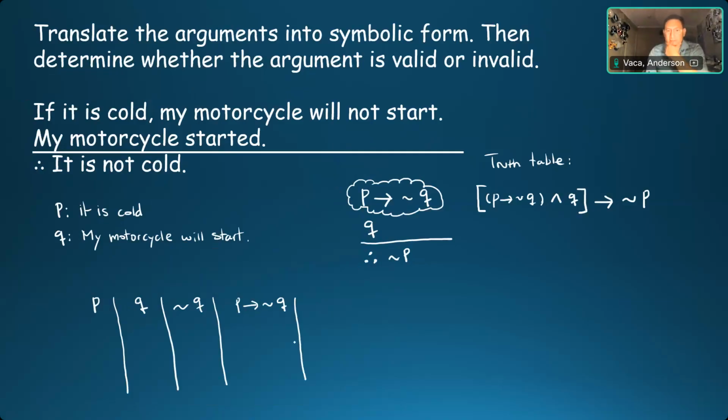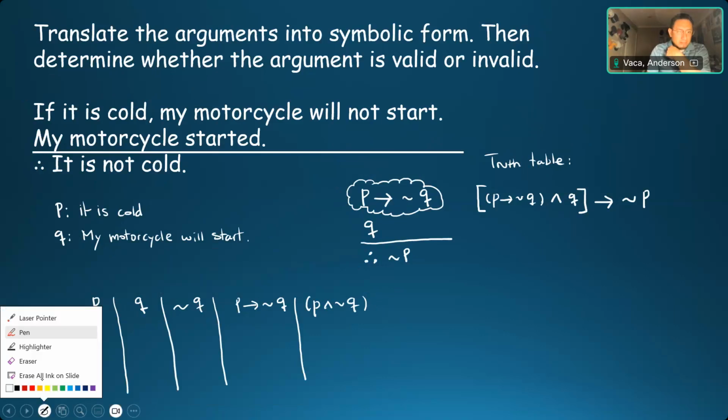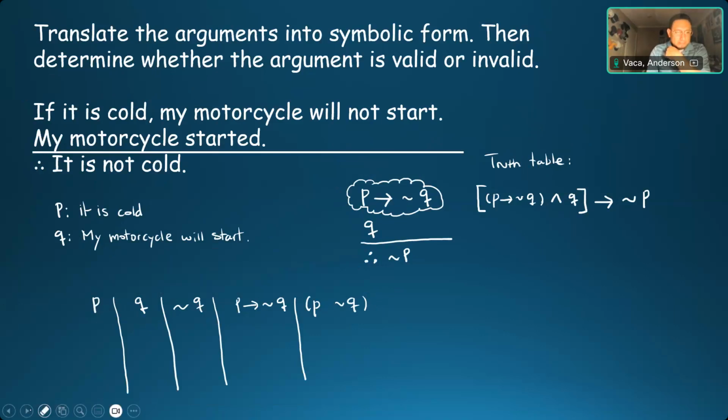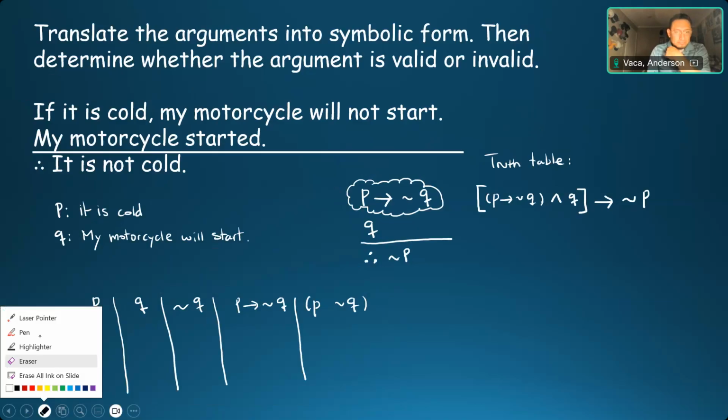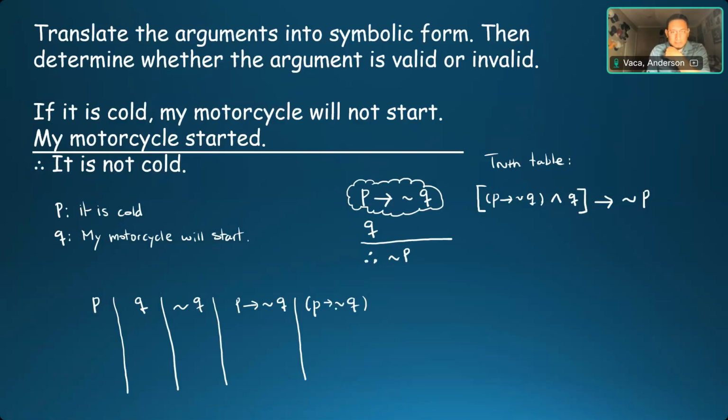Okay, so now here, I'm going to put the premises together. Oh, wait, I put the wrong symbol there. Okay, we're going to put the premises together using the connective and.